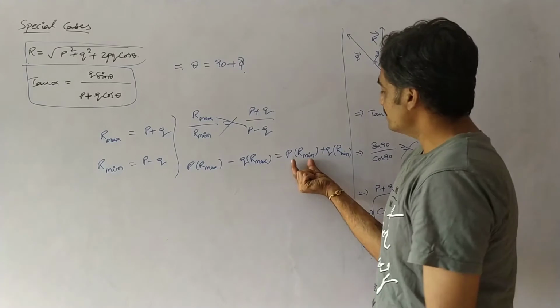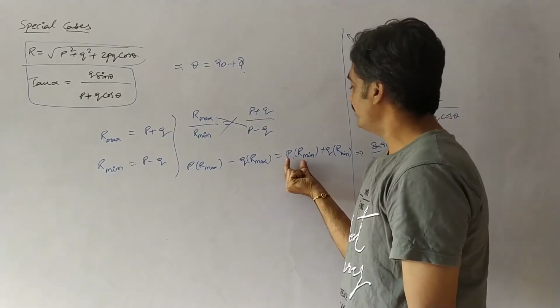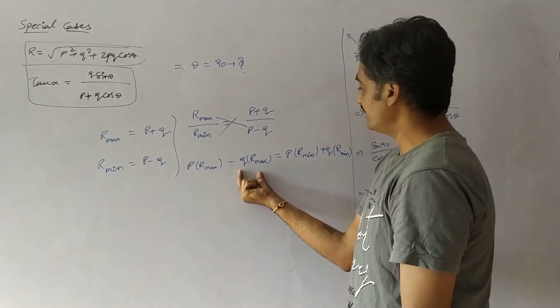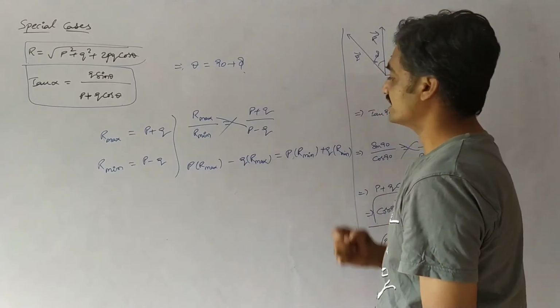So now what we do is we send this P into R min towards this side and bring this Q into R max towards this side.